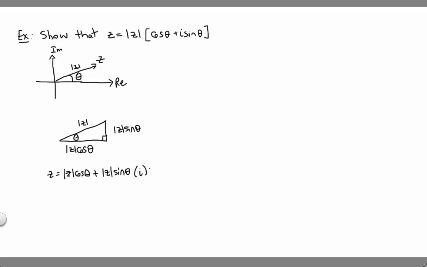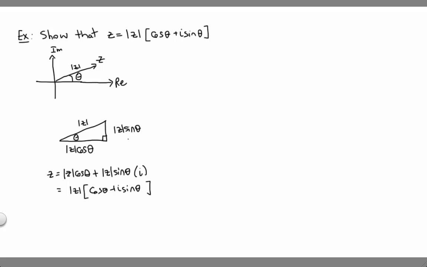Okay. And then a more natural way to write that, you would factor out the length of z. And this also becomes more readable if you write the i in front of the sine theta. So you'd write cos theta plus i sine theta in these square brackets here.